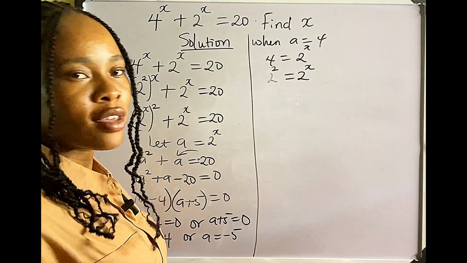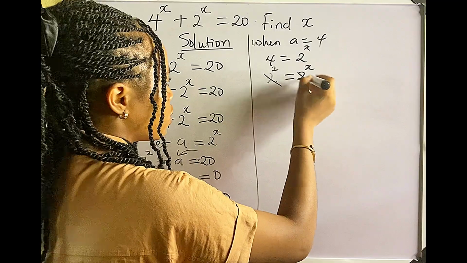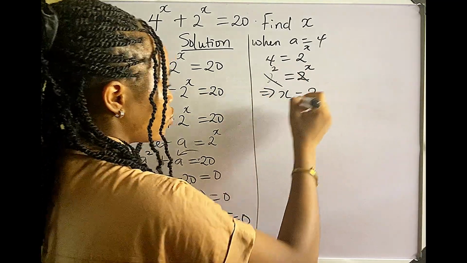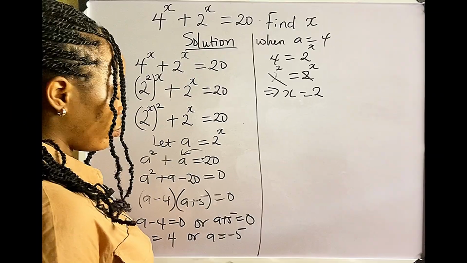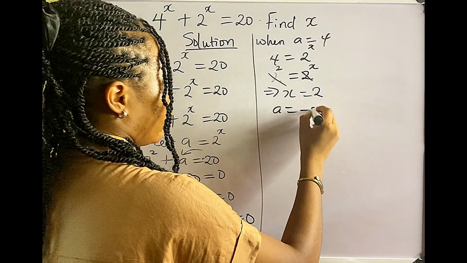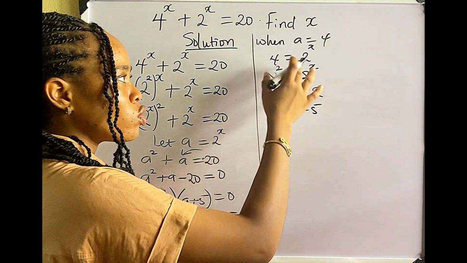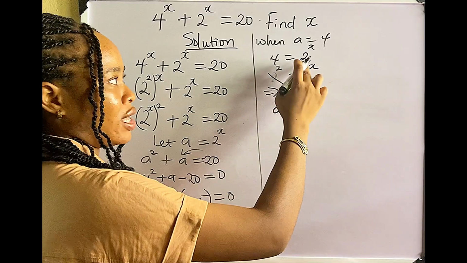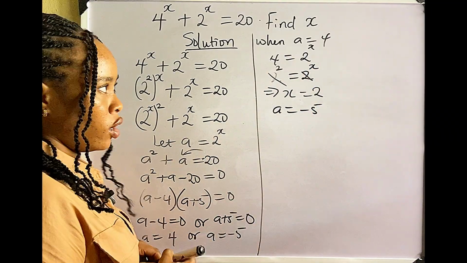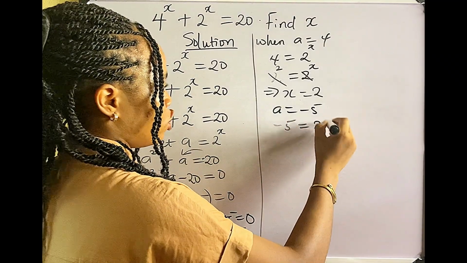So from here you see that we can cancel the base because the bases are the same. We cancel the base and then we equate the power. So this implies that x equals 2. Now I've gotten the value of x. If we look at our other solution, we have a equal to minus 5. There's no power that 2 can be raised to give negative 5, because this would have minus 5 equal to 2 raised to the power of x.